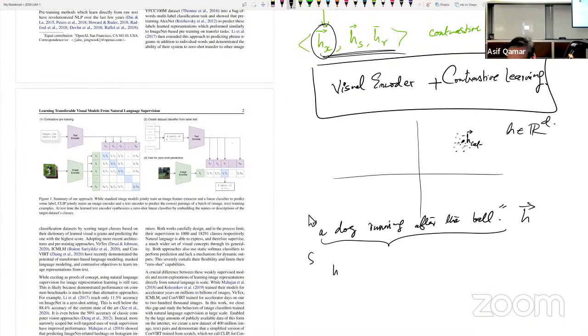So a search in the embedding space can bring other vectors, let's say HA, HB, HC, similar vectors. They could be text or they could be other images of dogs, a dog running around, isn't it? Does the idea conceptually make sense? Right? So that is the key insight of this paper.